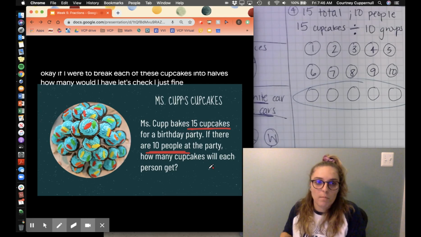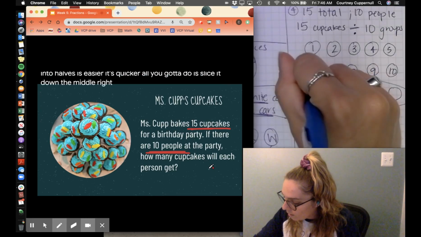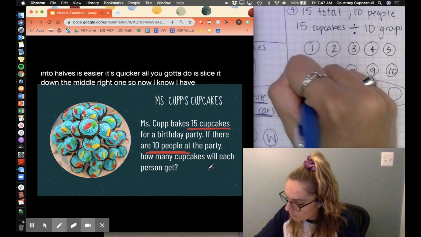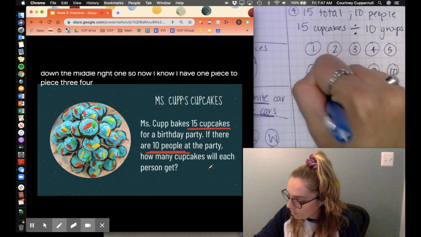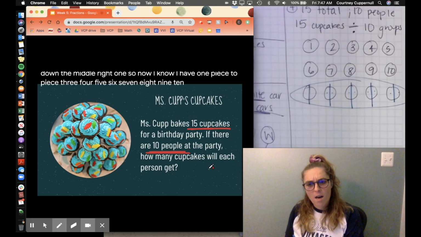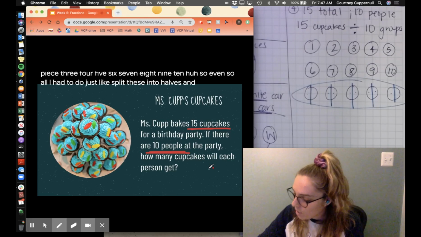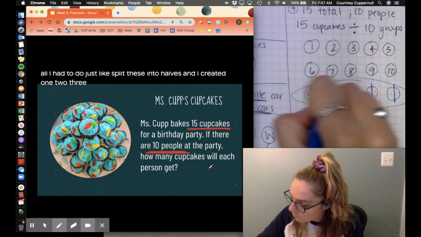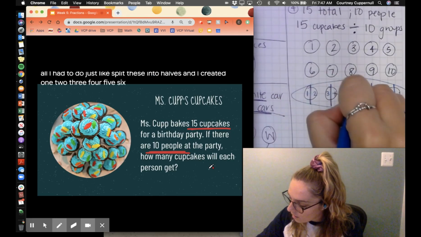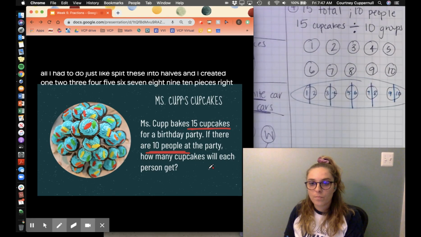I just find breaking them into halves is easier. It's quicker. All you got to do is slice them down the middle, right? So now I know I have 1 piece, 2 pieces, 3, 4, 5, 6, 7, 8, 9, 10. Huh. So all I had to do was just split these into halves, and I created 1, 2, 3, 4, 5, 6, 7, 8, 9, 10 pieces, right?